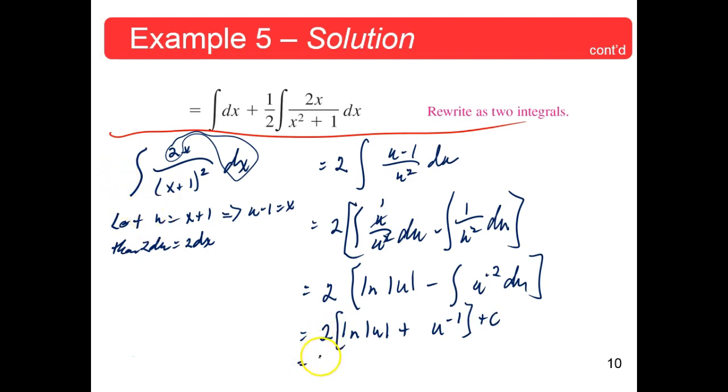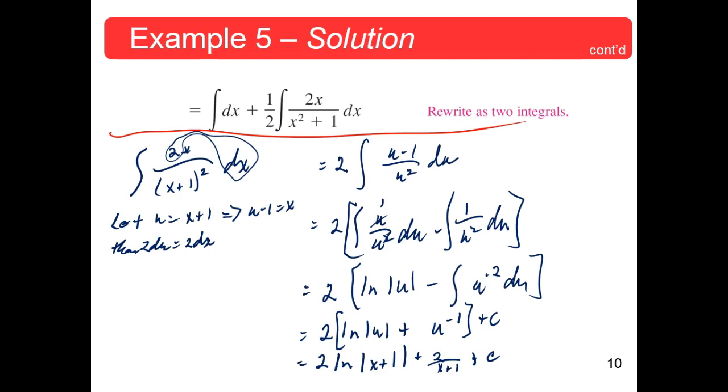I'm going to distribute the 2 across also. 2 times the log of, and what's your u? x plus 1. That needs to stay in absolute values, okay? Plus 2 over x plus 1, and then plus c. All right, x plus 1 is not guaranteed to be always positive, so therefore we'll leave it like that.